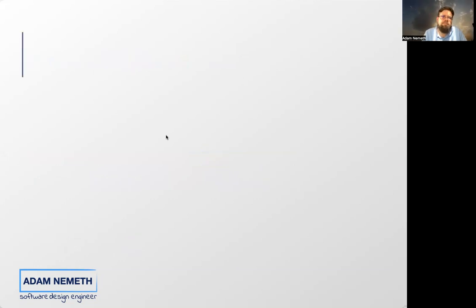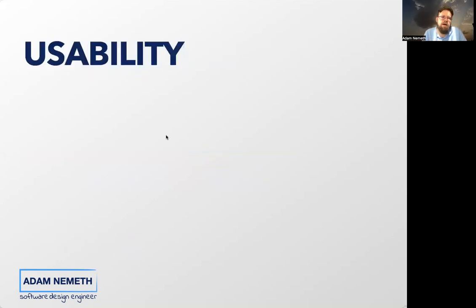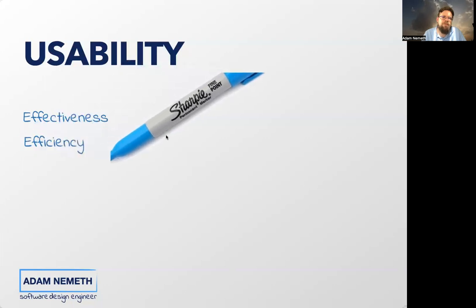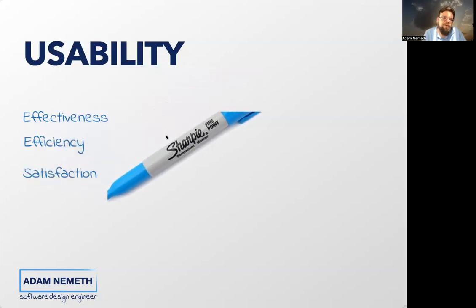Now, IT systems in the UX world are measured in their usability, and usability is basically effectiveness, efficiency, and satisfaction. But these are a bit abstract, so it's easier to say that efficiency is the conversion rate of a web shop, how many people enter the web shop and how many people ended up buying something.